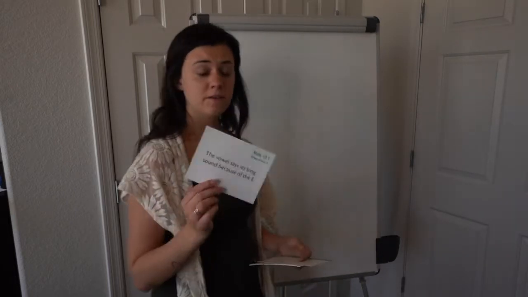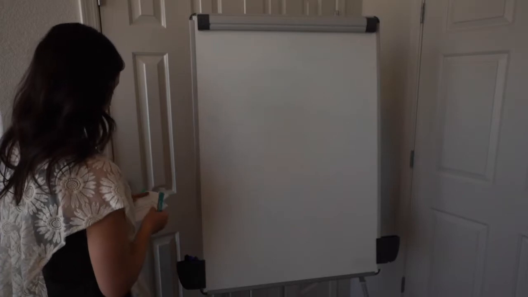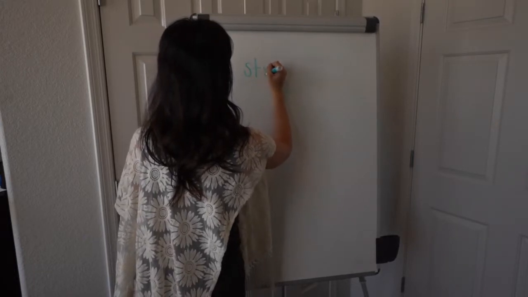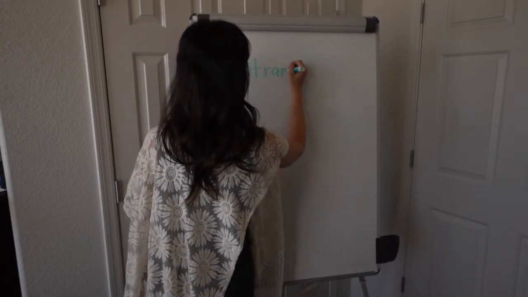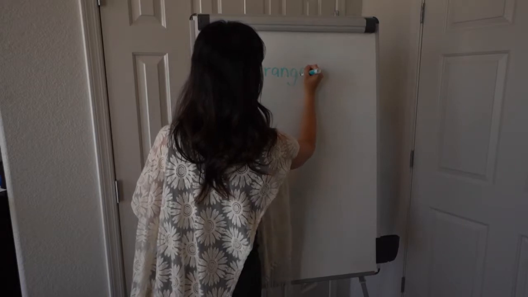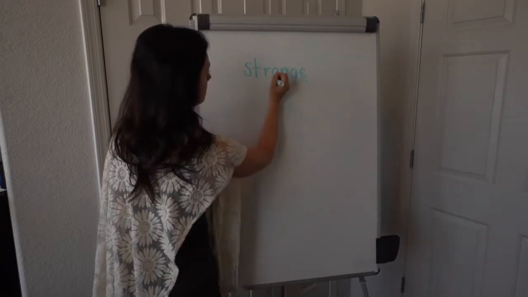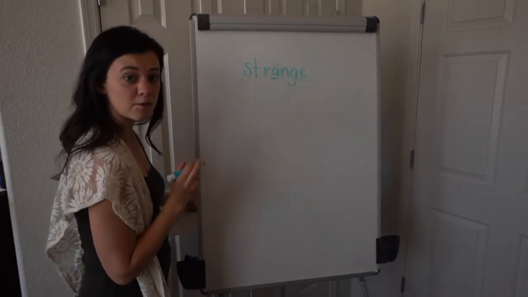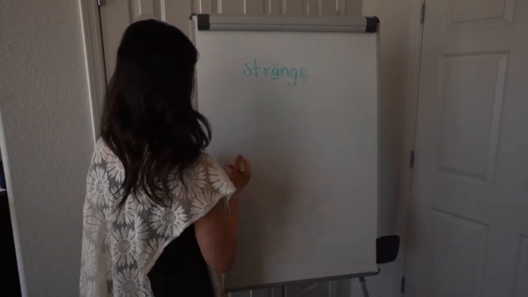We saw that in words like strange. We have the silent final E here that is making this A say its long sound. Or, for example, a word like bone.